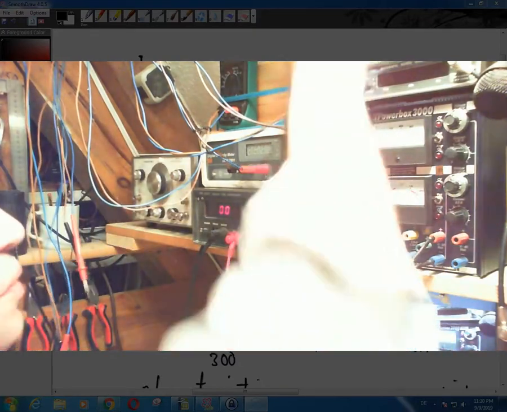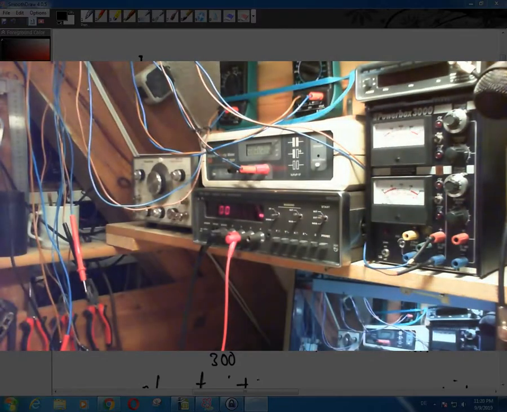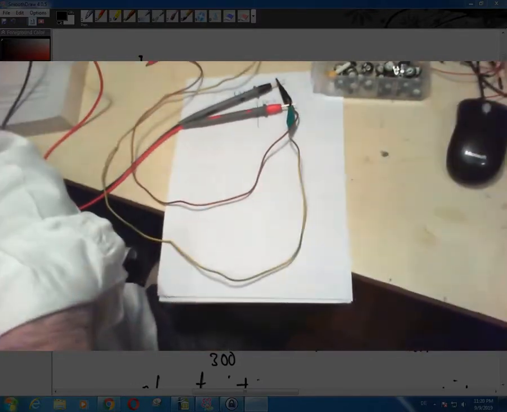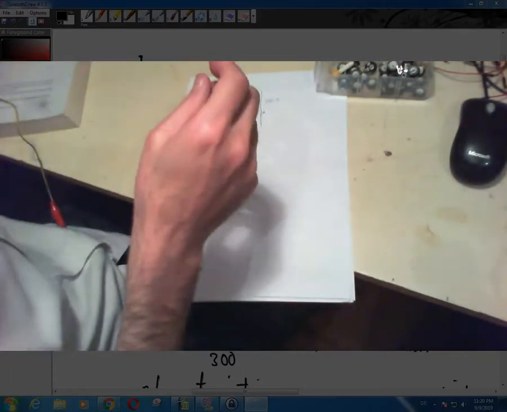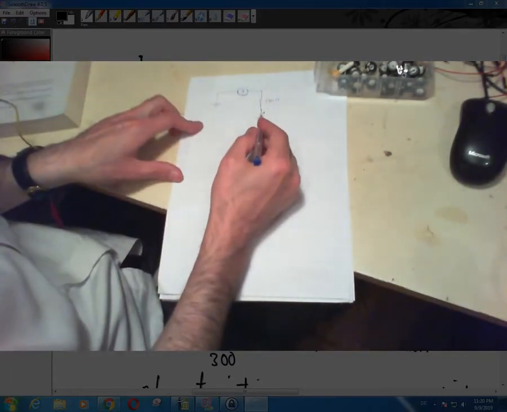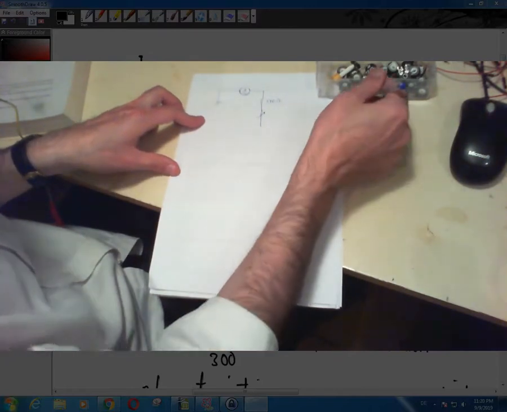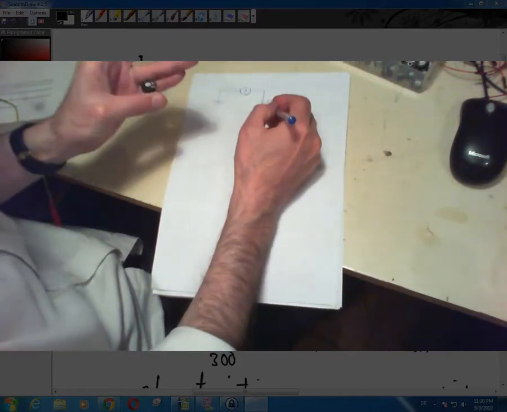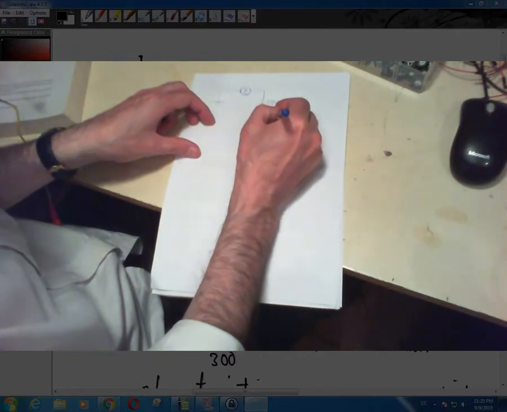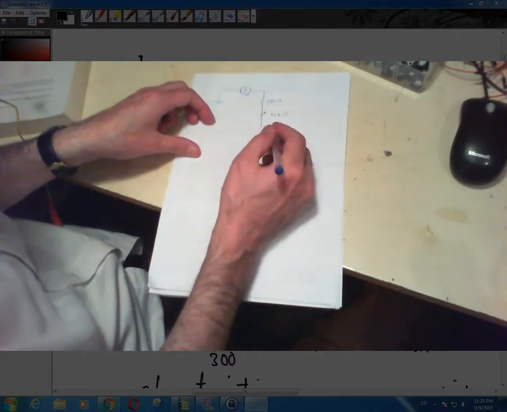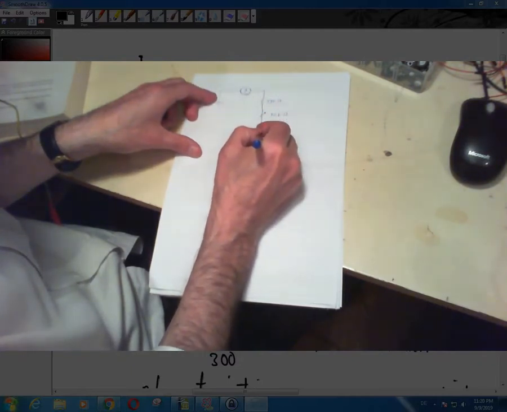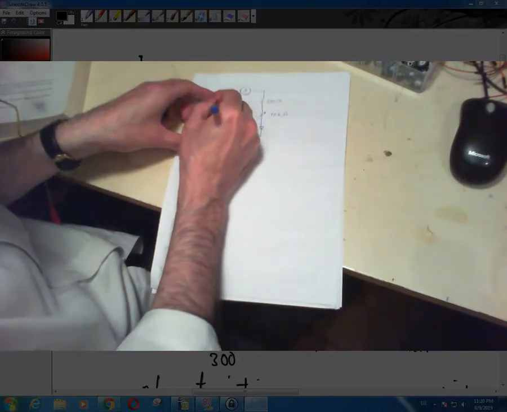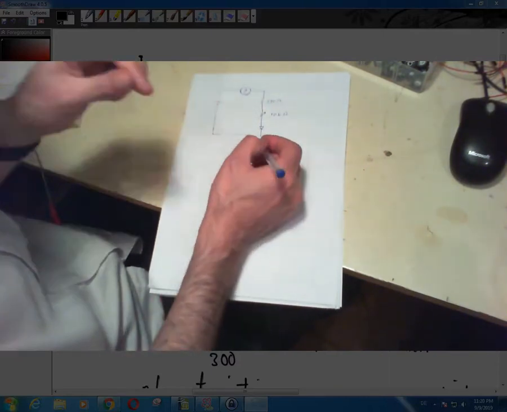Okay, so now suppose that you have your potentiometer in the circuit like this. Suppose that it's a 50 kilo ohm potentiometer. And then you have a diode connected to the other end of the power supply.